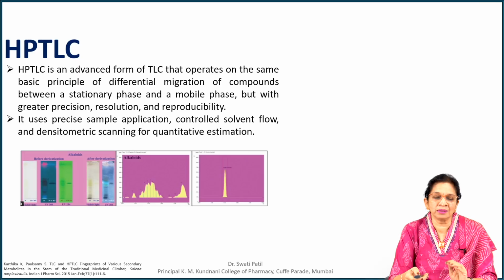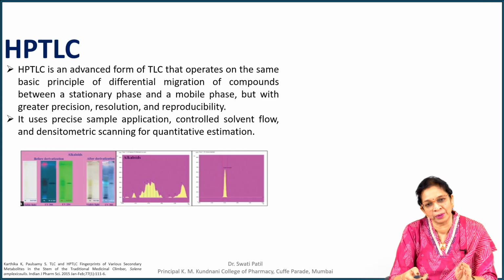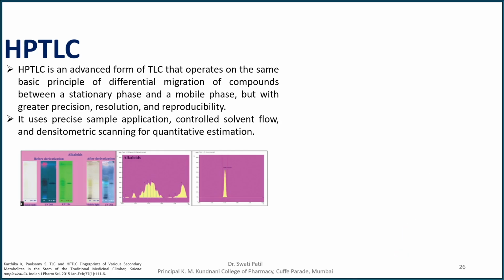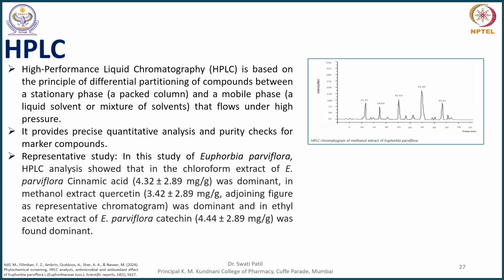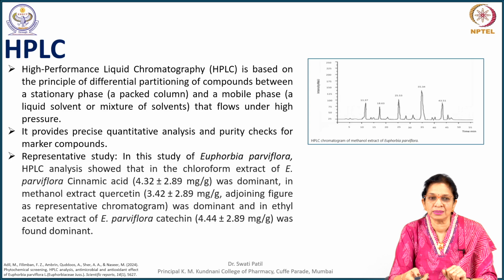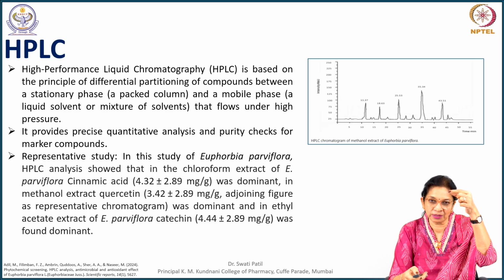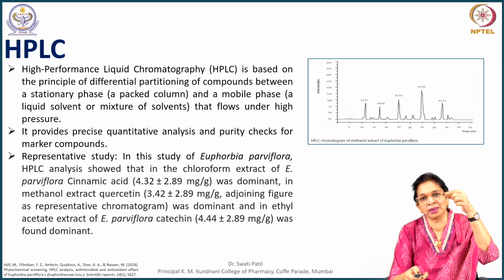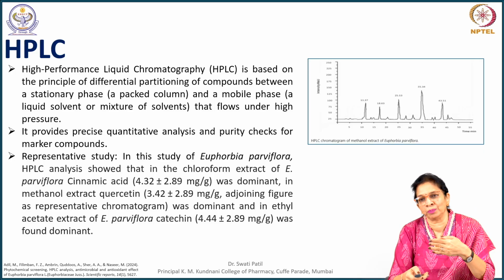HPTLC is an automated machine which is used for application and for detection, but the principle is the same as that of thin layer chromatography. HPLC is high performance liquid chromatography, where there is a column and the compound is eluted from the column.